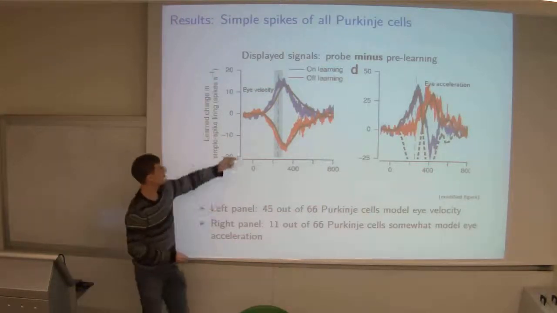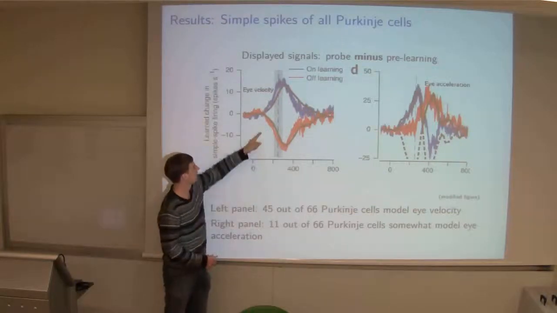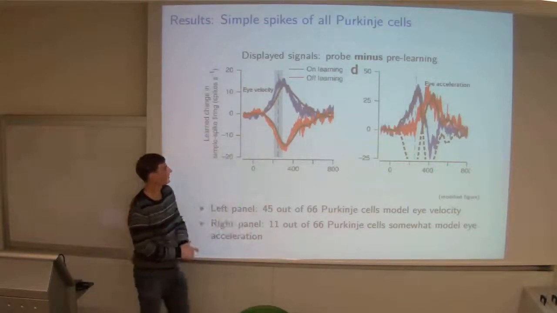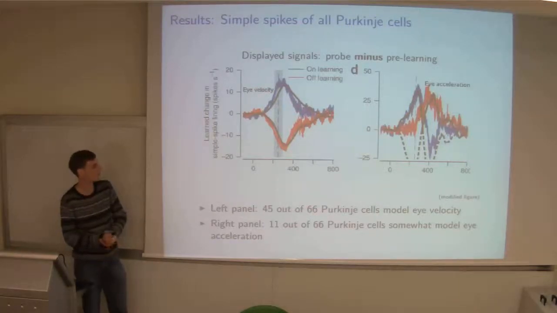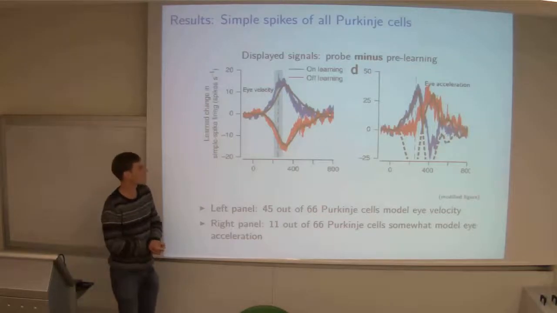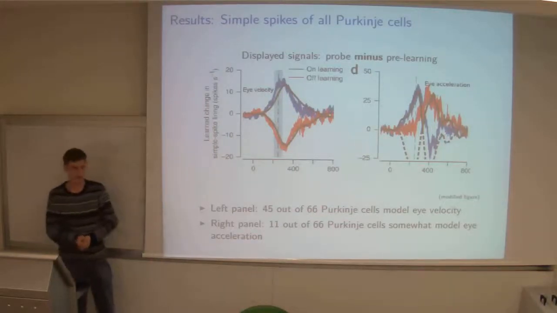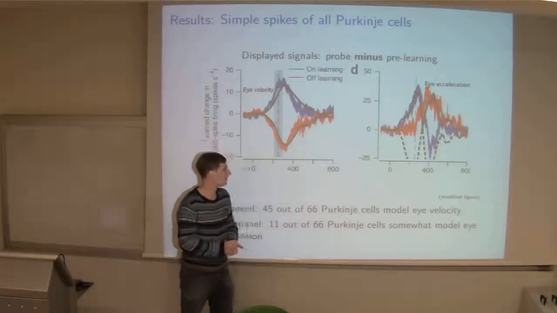And you can see here the average of the firing rate changes of all Purkinje cells in the red trace, and the black trace is the eye velocity. And here you can see that there's a very good alignment between the changes in simple spiking and the changes in eye velocity. So they call it Purkinje cells model eye velocity.